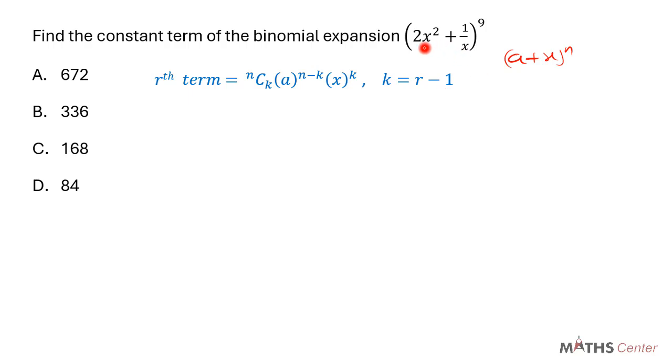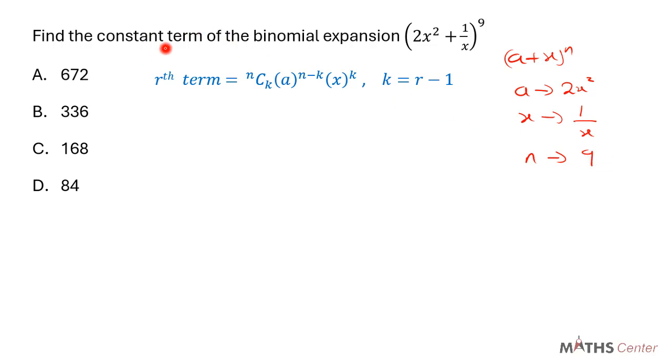Here, if we compare 2x squared plus 1 divided by x exponent 9 to a plus x exponent n, we will see that a, which is the first term, is 2x squared. x, which is the second term, is 1 divided by x. And n, which is the exponent on the binomial expression, is 9.